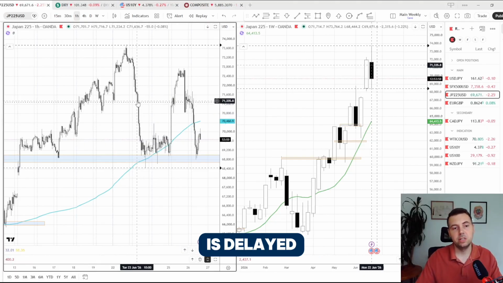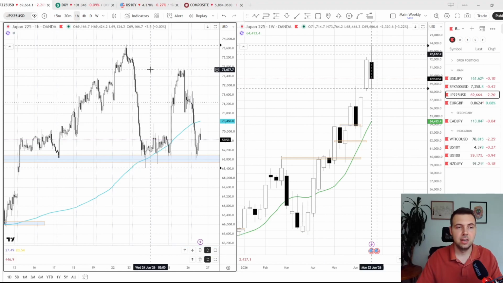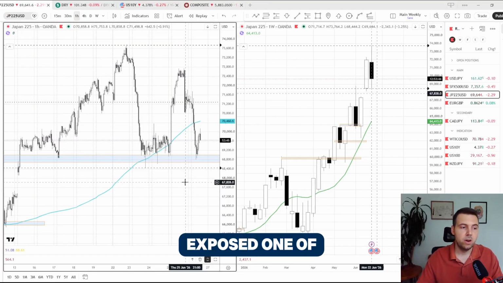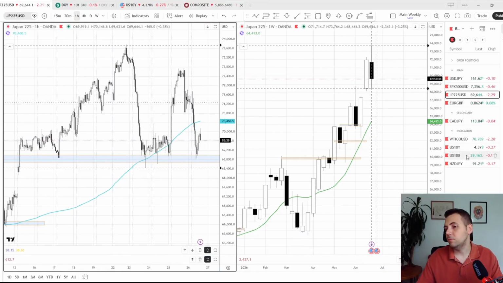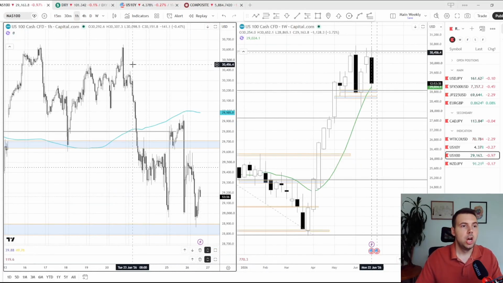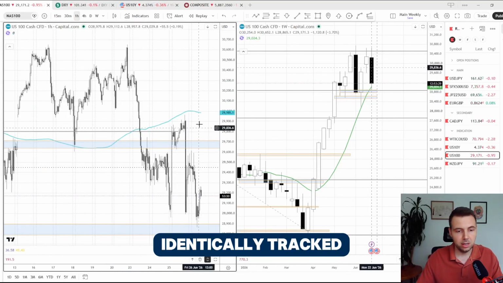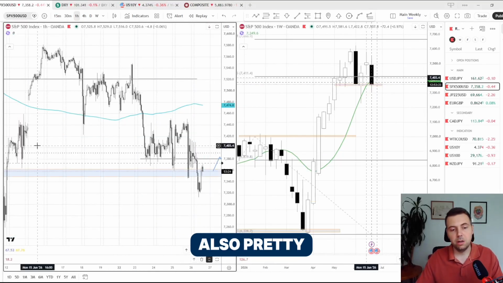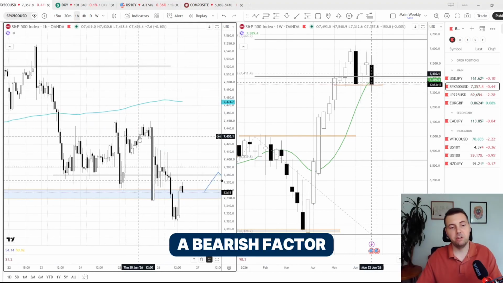So because the IPO is delayed, financing is delayed for the company, so it's bearish, and basically it pulls the whole tech sector down, and one of the most exposed tech instruments are the Nikkei and also the Nasdaq, obviously, and we can see it almost identically tracked the Nikkei, and the S&P is also pretty exposed to tech, so that's a factor to consider, a bearish factor for the S&P.